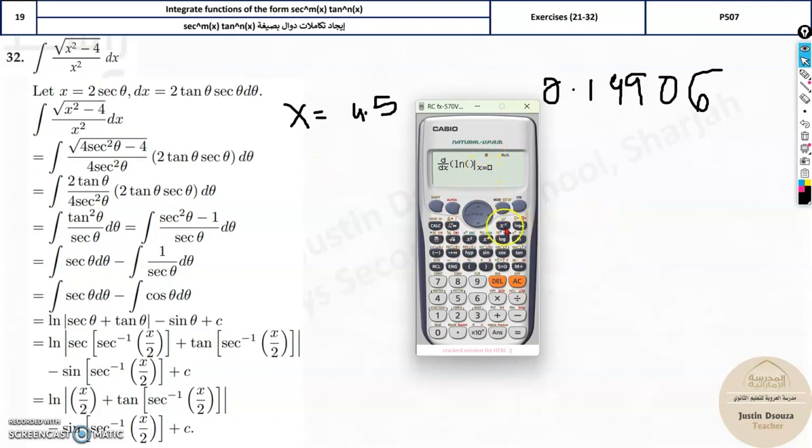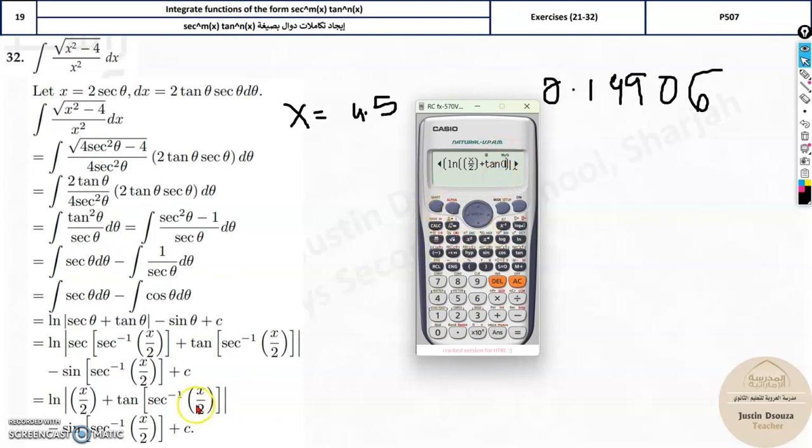See, natural logarithm. Okay, open the bracket. This is already open. Now open one more bracket and write alpha x by 2. Make sure you're typing. Once you open, close it. Okay, that is done. Only now the natural logarithm bracket is remaining. Now plus tan. All very straightforward. It already opened the bracket, it's fine.